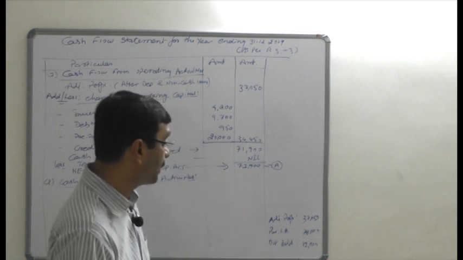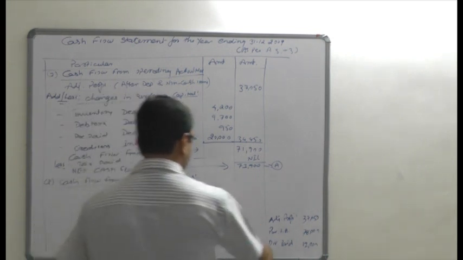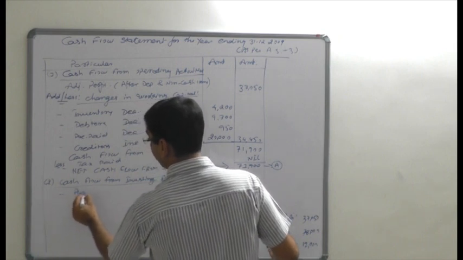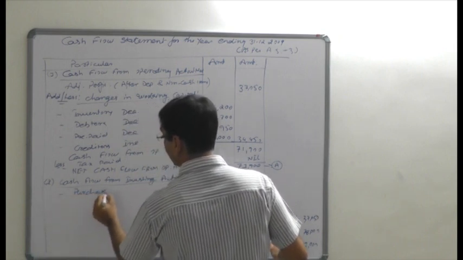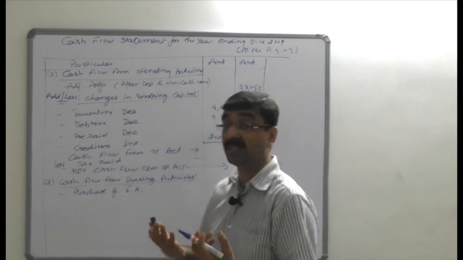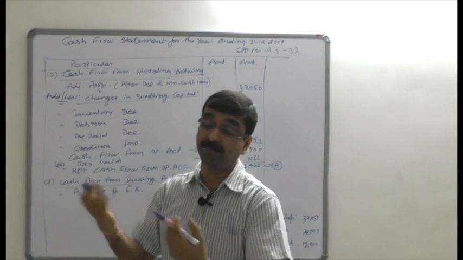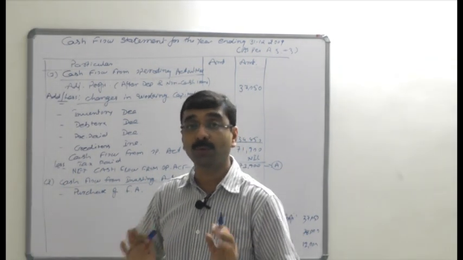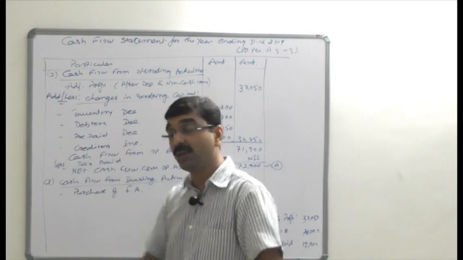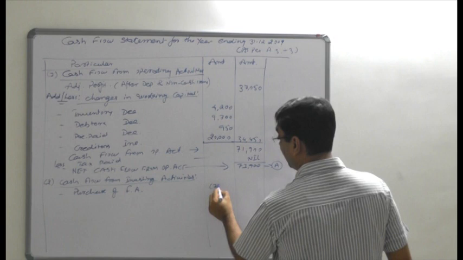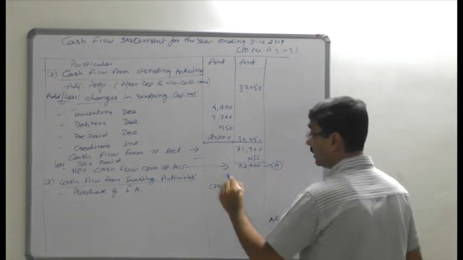Yes, we have a purchase of fixed assets, so why not start with this? Purchase of fixed assets means cash goes out. Assets come in but cash goes out, so it is a cash outflow. In case of cash outflow, it reduces your cash flow, and that's why this would be a negative value, 78,000 rupees in brackets.